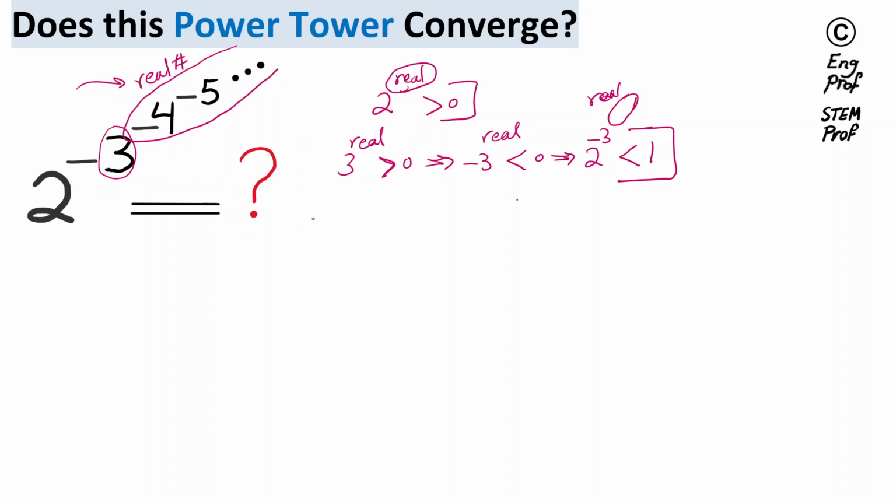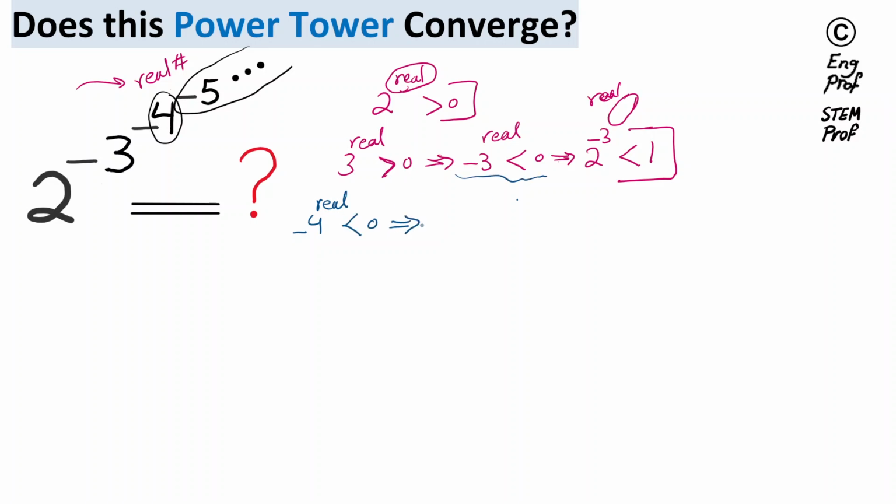Let's continue this. The same thing I can say about 4 to the power a real number. So if I take a look at that, I can say negative 4 to the power some real number, like this one, is going to be less than 0.